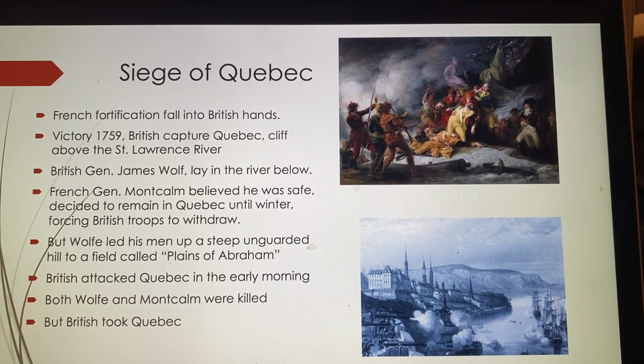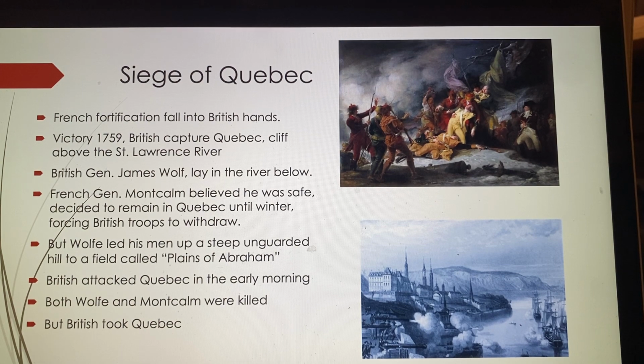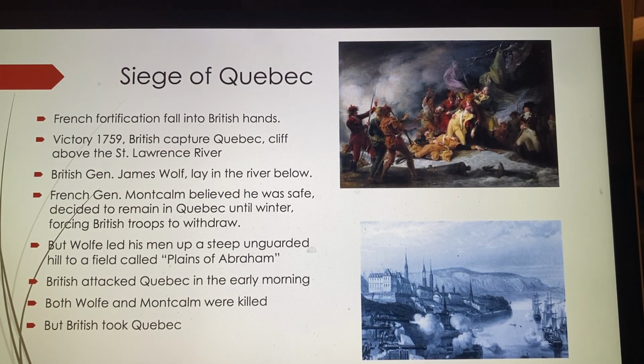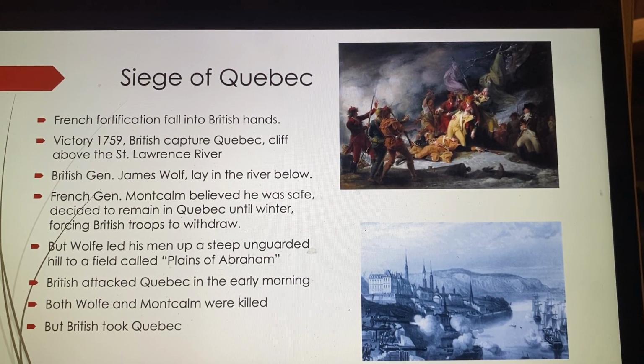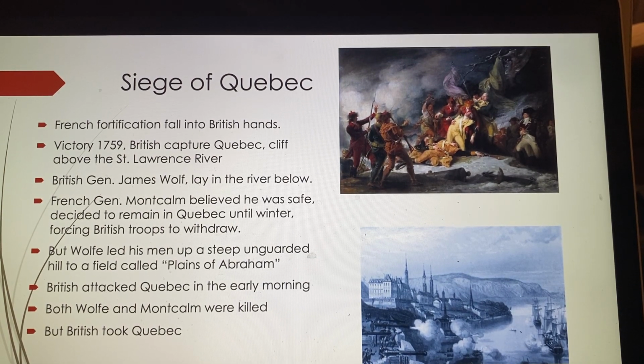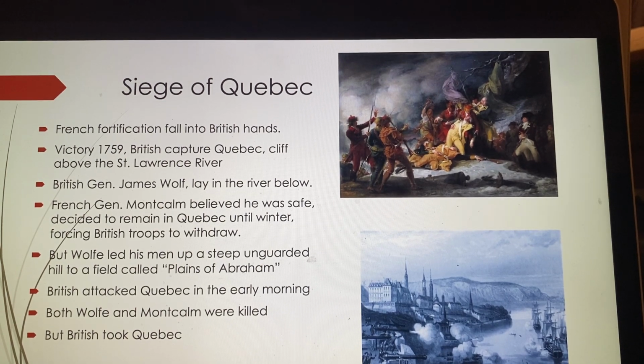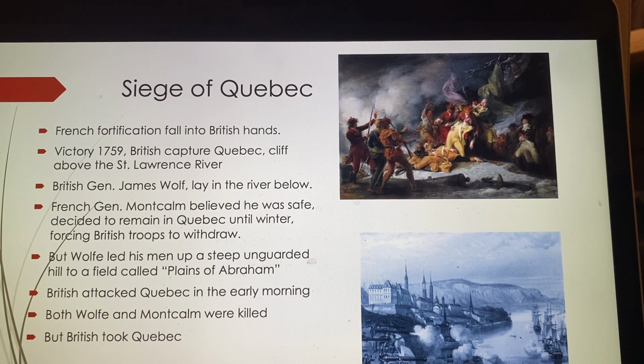It's cold. But General Wolfe, the British commander, led his men up a steep, unguarded hill in the back to a field called the Plains of Abraham, behind Quebec. The British attacked Quebec in the early morning, and Montcalm was not ready for them.